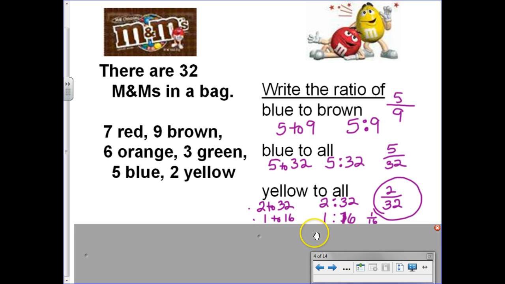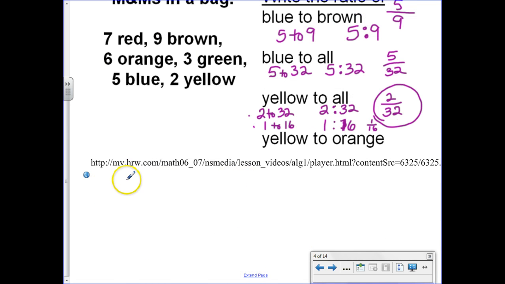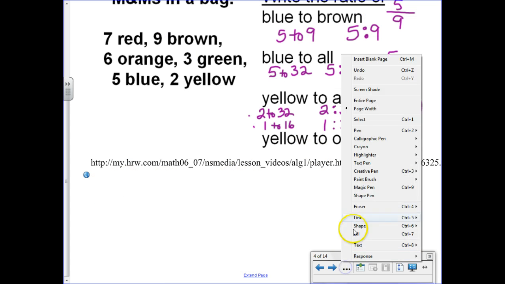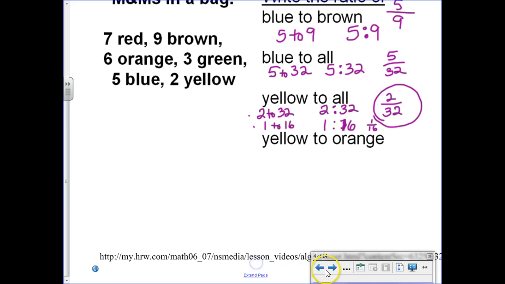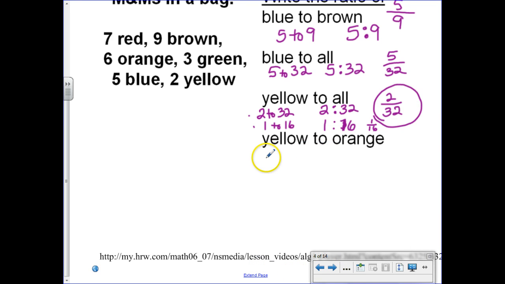Alrighty, the last one I had there is yellow to orange. Let me get this link out of the way here for you. All right, yellow again, I had 2 yellows and there were 6 orange.